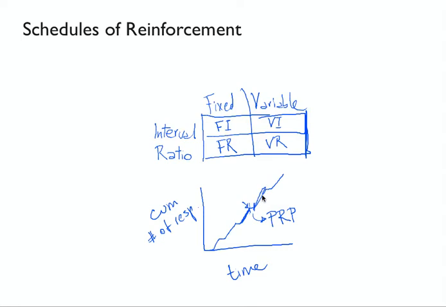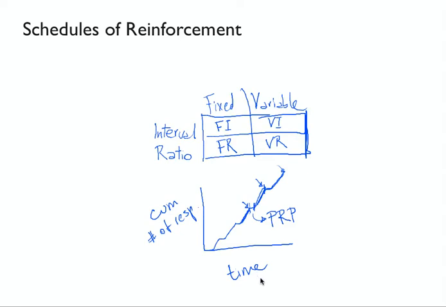Then you go really quick, finish it, get reinforcement, and then a pause, and then real quick, next one, and so on. Those pauses we refer to as post-reinforcement pauses or pre-ratio pauses. They go by both names. Both of them have the same acronym, PRP. Okay.